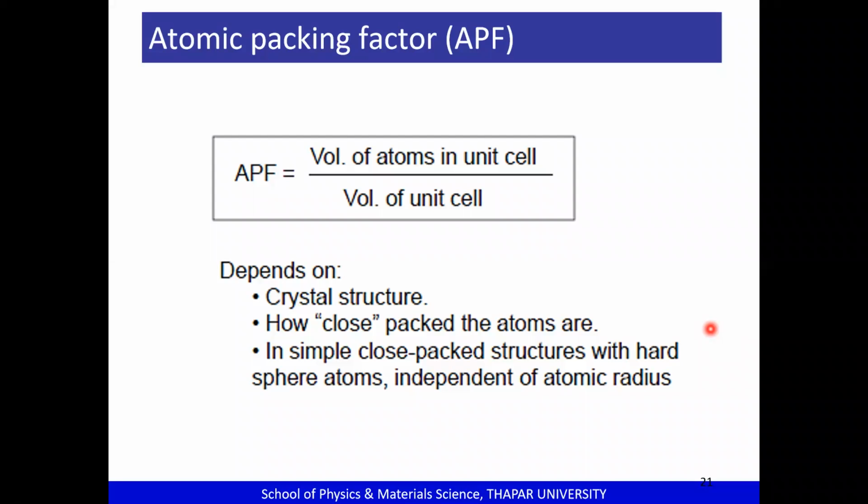Interestingly, the APF only depends on the crystal structure and it is independent of the radius of the atom or the lattice parameter of the structure. So it will be a constant number and varies only if you alter the crystal system. So we will keep deriving the APF number for important unit cell types.